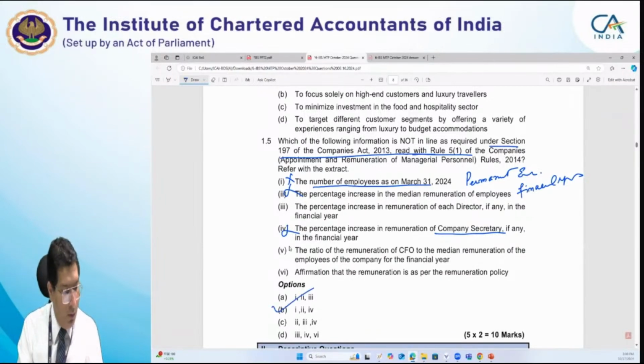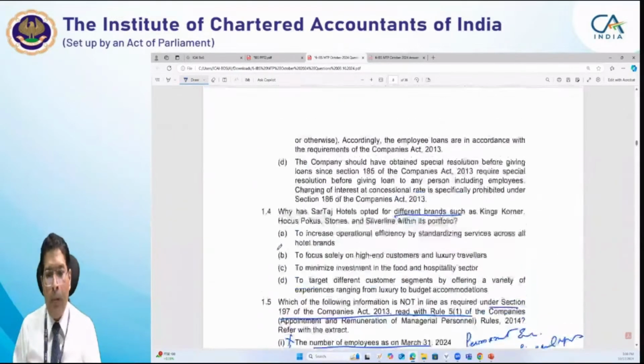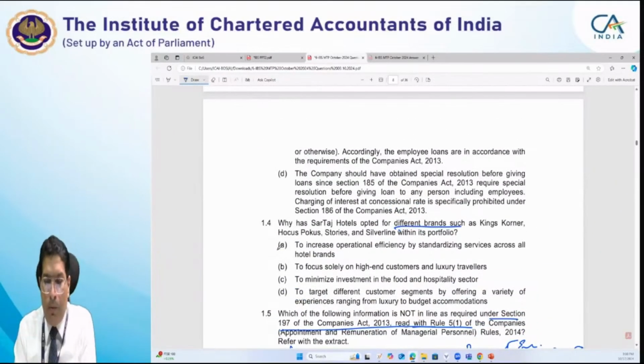Therefore, the answer will be B. Okay. Now, question number 1.4. Why has Sartaj Hotel opted for different brands such as King's Corner, Hawksbox, Stories, and several lines within its portfolio?